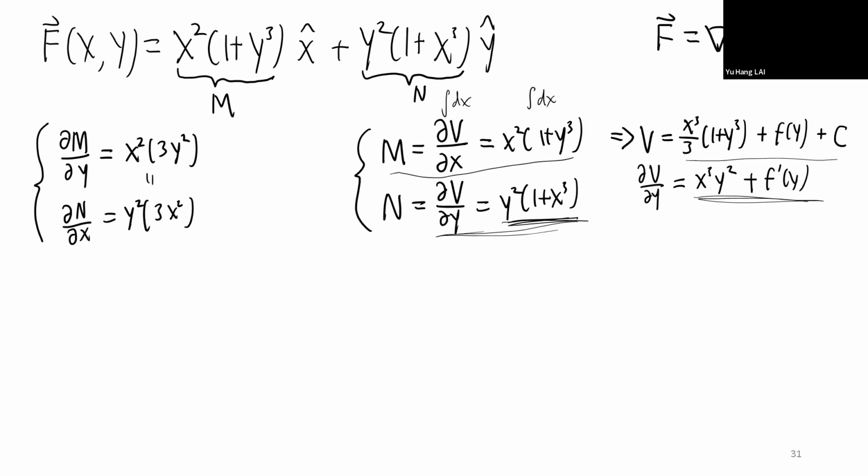So the goal is to find out what kind of f we need in order to make this one equal to this one. So I'll go ahead and write down the equation. The requirement is that y squared times 1 plus x cubed has to equal this.